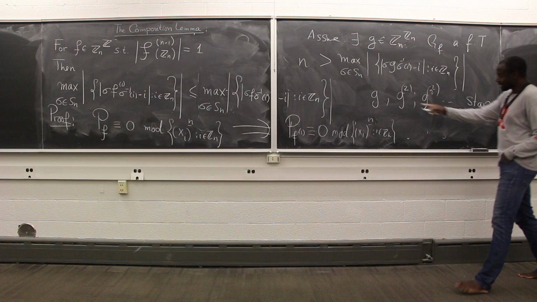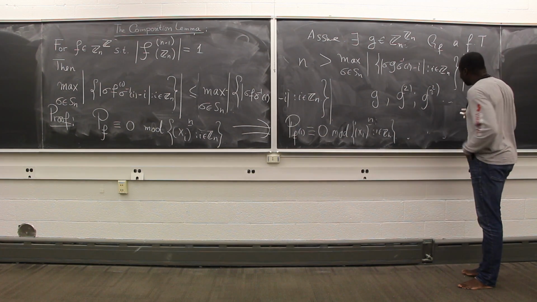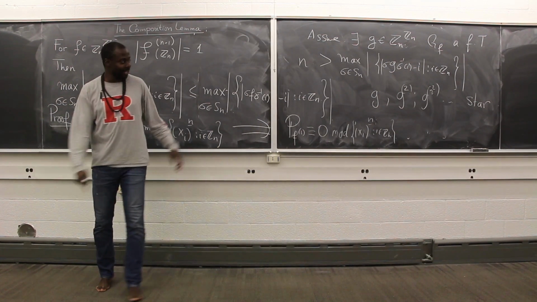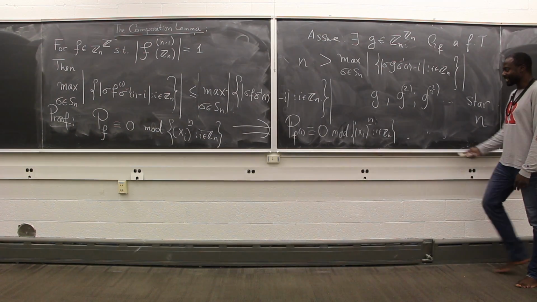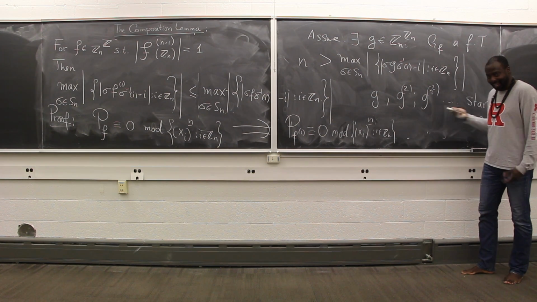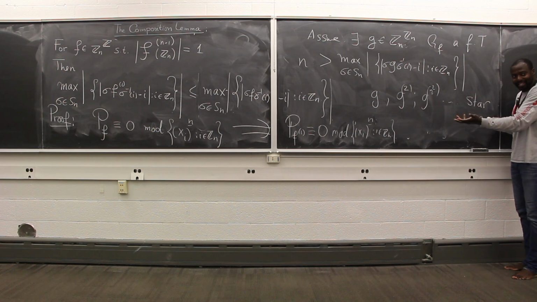Okay, so if this guy had less than n, there has to be one of these for which this inequality is false. Right? Because the star has n labels, and this guy has less than n labels. So there has to be one guy here that violates the inequality, because somewhere the inequality has to be violated.